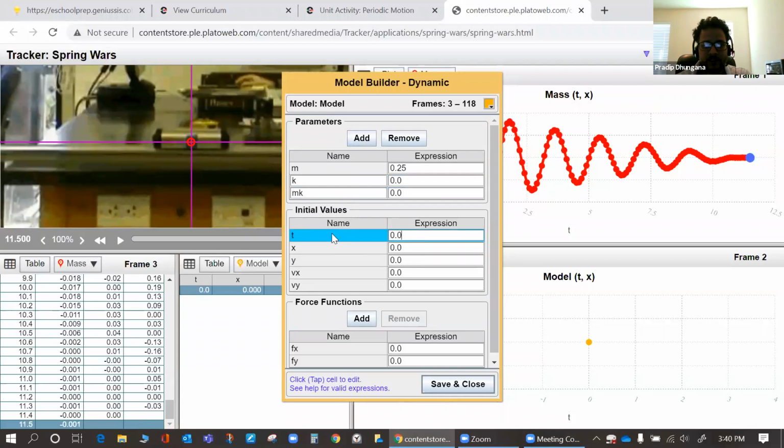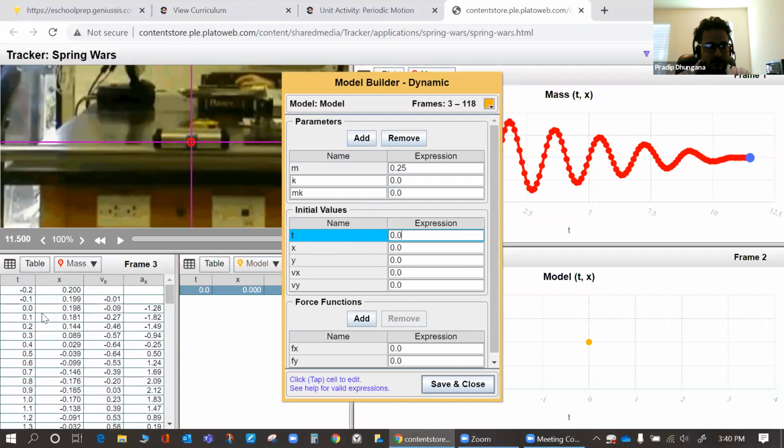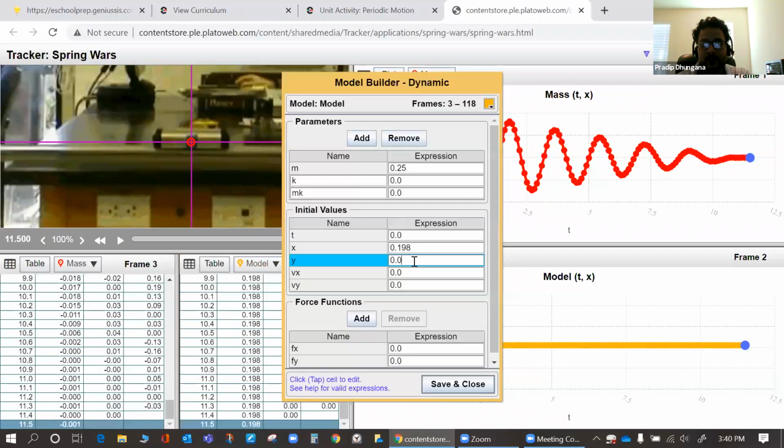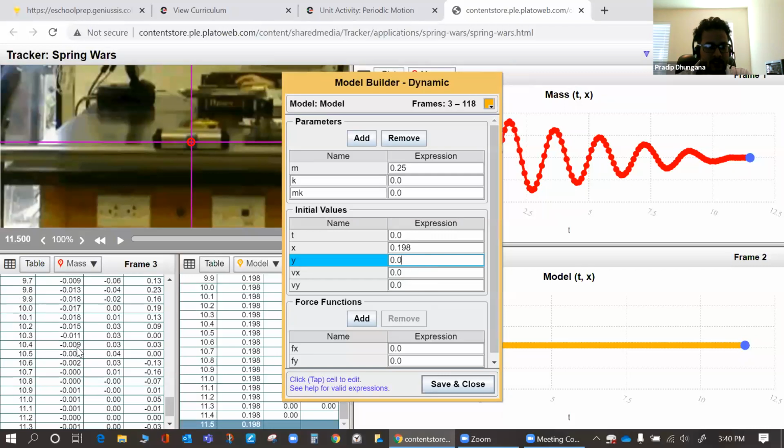Let's start with P. Initial value of time is 0 second. At 0 second, X is 0.198. Since our motion is along X direction, Y and By are 0. Let's look at Bx and then find that value.